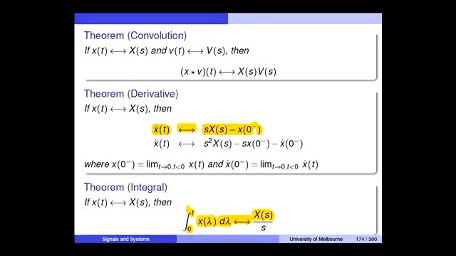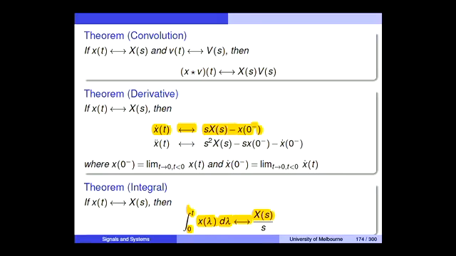The only thing I want to highlight is the derivative. The derivative is very funny, because you can see here that I will have s X(s) plus some information at 0 minus. You might think, why? What happens?